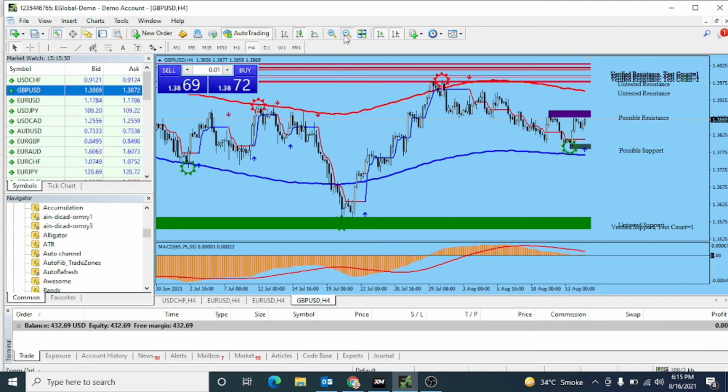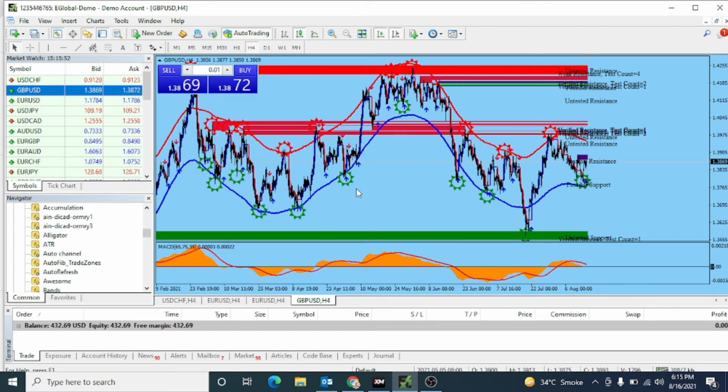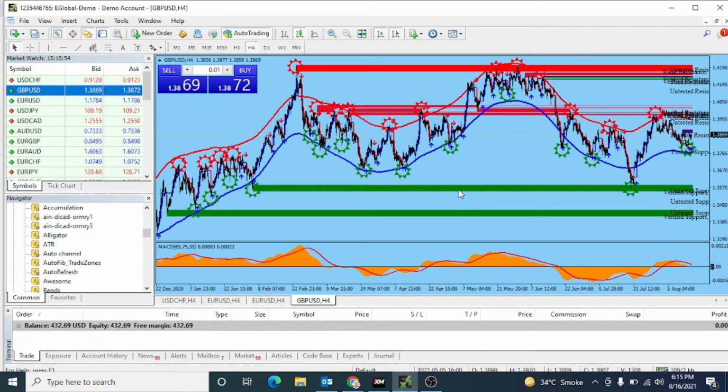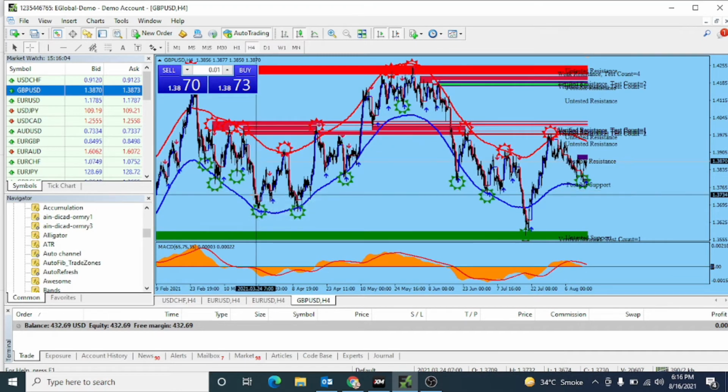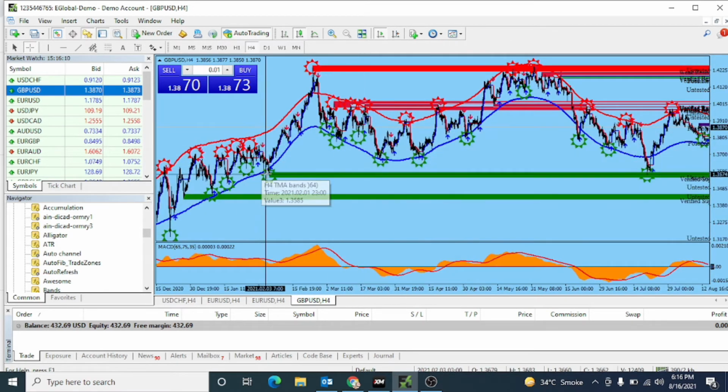For example, I zoom in, I will show you. You can see here, this was the verified support level. The market was at this point on 3rd February.